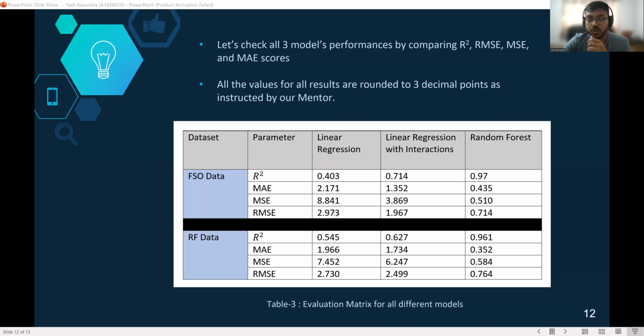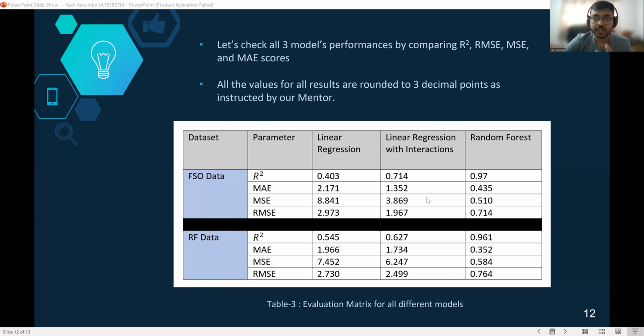You can remove non-linearity by converting the features into polynomial equations, which is what we do in linear regression with interactions. But despite this, our R-square was at 0.7 and our RMSE was at 1.9 for this model, which is not too bad, but also not too good. So we still had room for improvement.